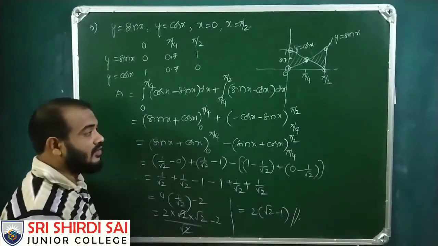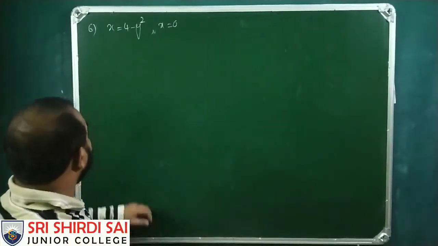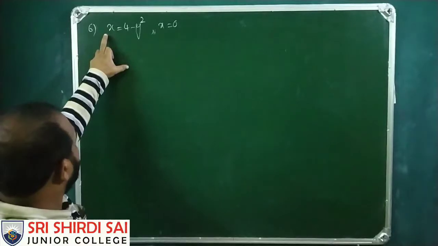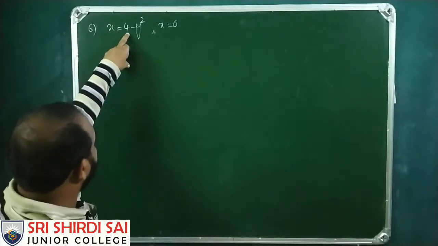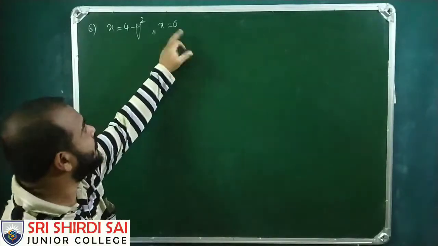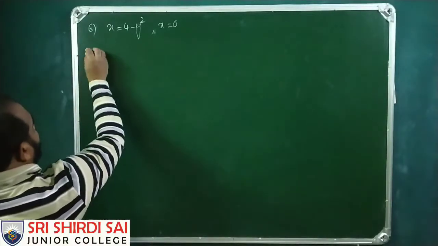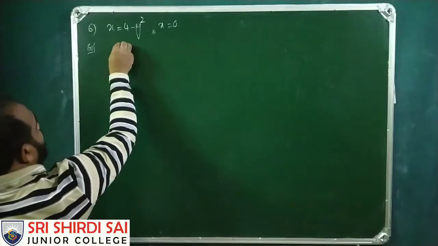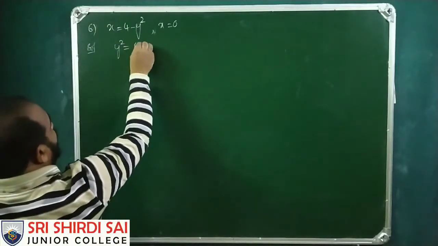So this is the area. The area of the region bounded by the curve x equals 4 minus y square, x equals 0, which means the y axis. Here this can be written as y square equals 4 minus x.